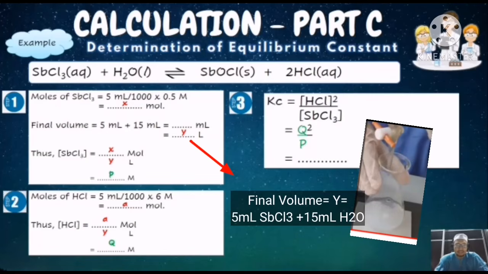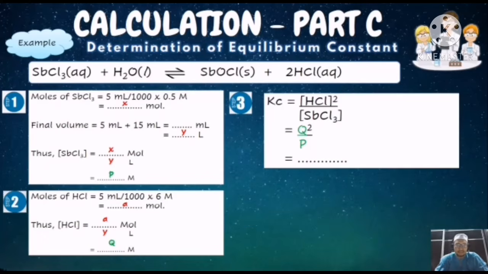When we add 15 ml of distilled water, the final volume is 5 ml plus 15 ml equals 20 ml. And we can calculate the volume in liters. Thus, the concentration of antimony trichloride is X mole divided by Y liter, and the answer is P molar.